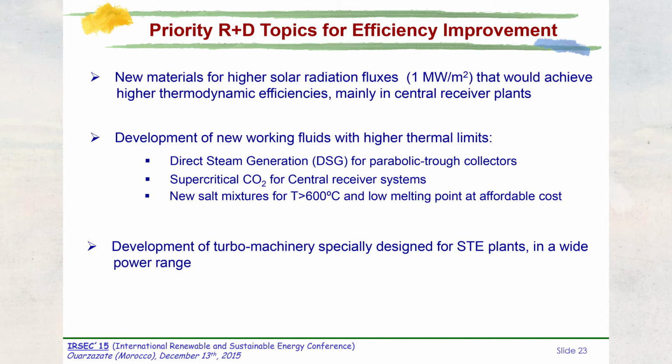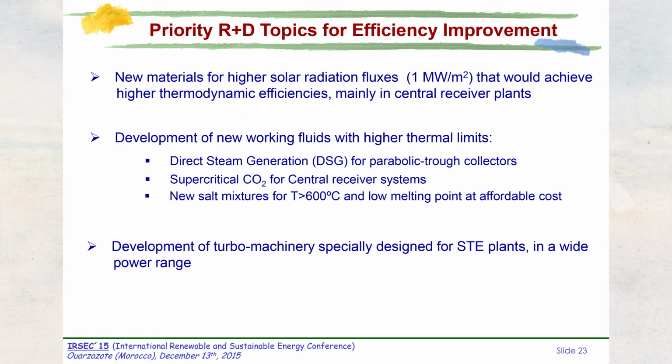So we have to find new molten salts with new components. Many R&D groups are working on this subject, because if we develop cheap molten salt for higher temperature, we could achieve higher temperatures in the solar field, in the solar receivers.